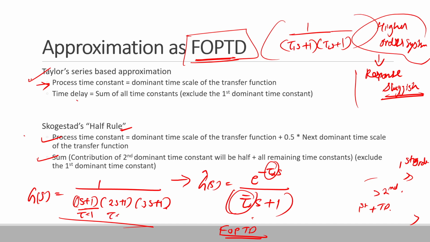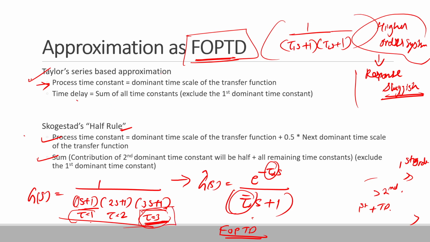Over here the time constant is 2, and over here the time constant is 3. So time constants 1 and 2 are less as compared to 3, so the response for these will be faster, but the response due to the high time constant will be sluggish. So we call this the dominant system.